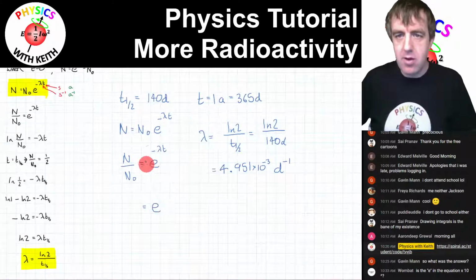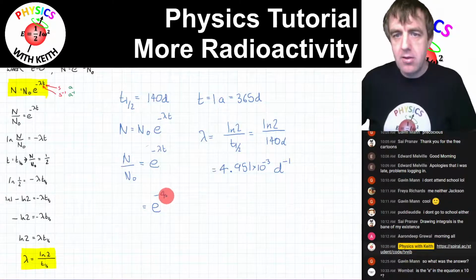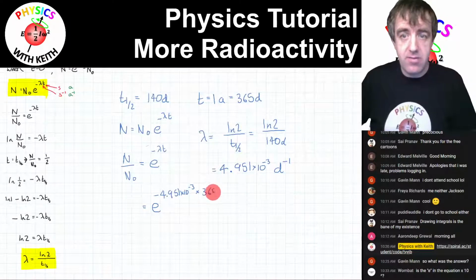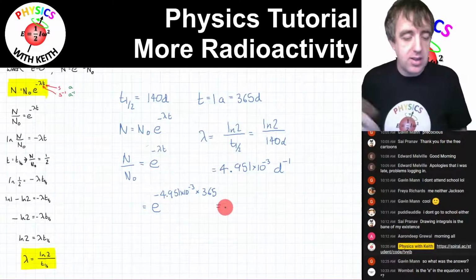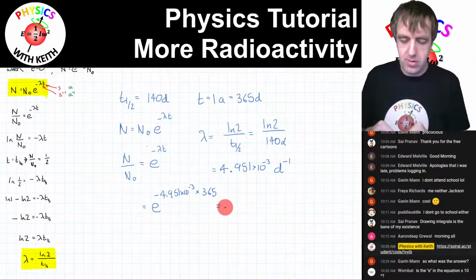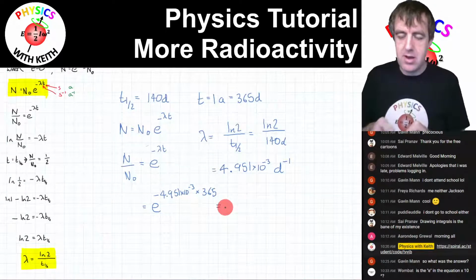So I've got e to the power of minus 4.951 times 10 to the minus 3 times the time. It says it's 365 days. I'll plug that into my calculator. So minus that multiplied by 365, e to the power of that.